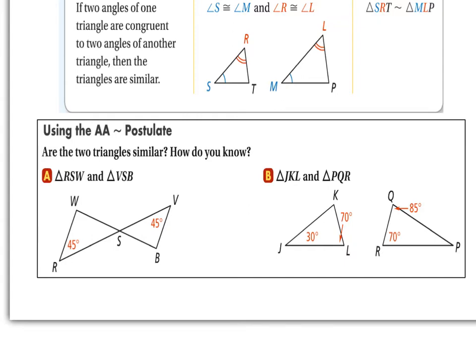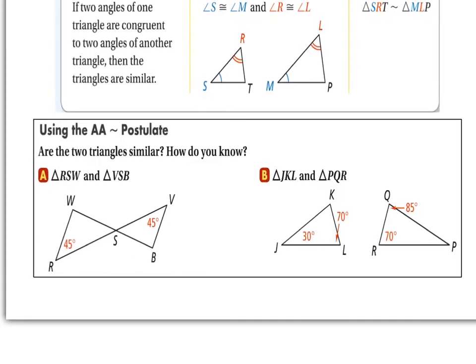Okay, now that you've hit pause and gone through these, it says, are the two triangles similar? And if so, how do you know? Well, again, the only way we know how to prove right now is by using the angle-angle postulate. So I've got to prove that two corresponding angles are congruent to each other. Well, as you look at the first, we know that angle R and angle V, those two are congruent. So we're one down. You also know that these two angles are congruent because of vertical angles.